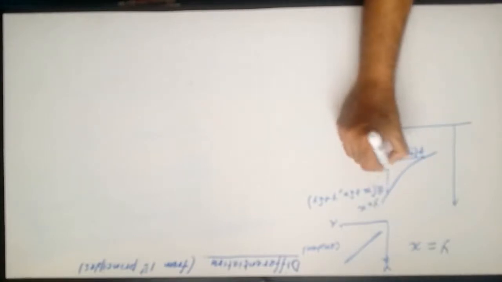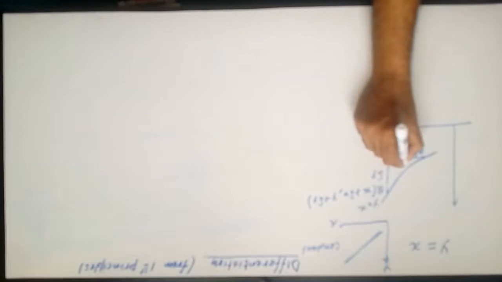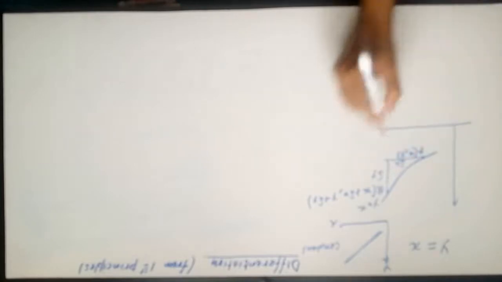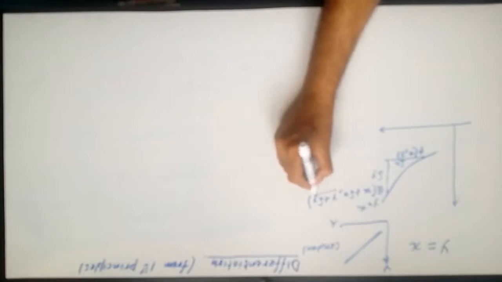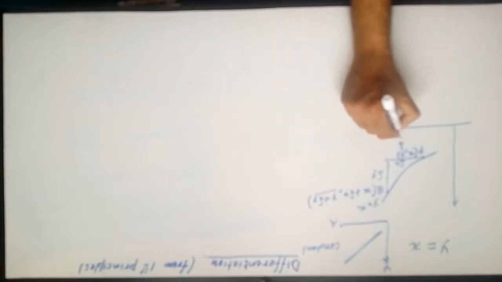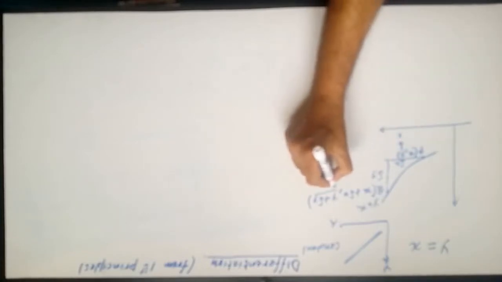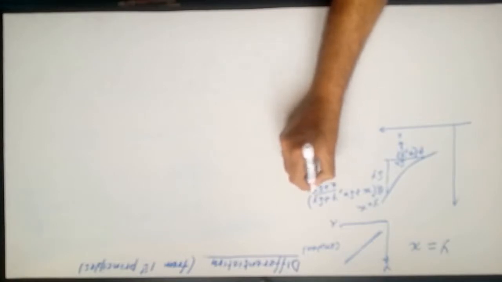So this is delta y and this is delta x. Now since y is equal to x, this is also equal to x, and this is also equal to x plus delta x.